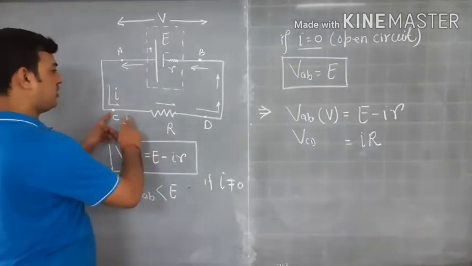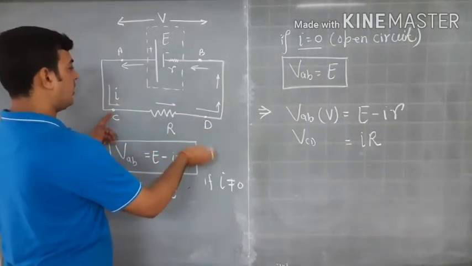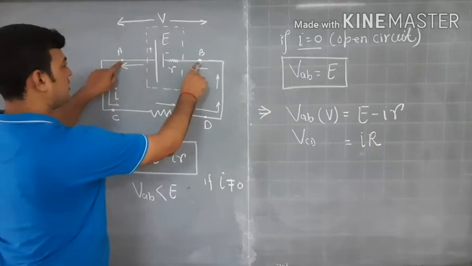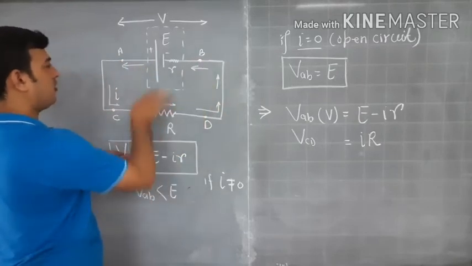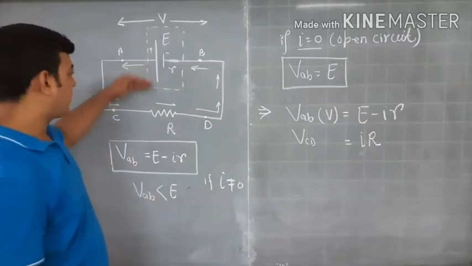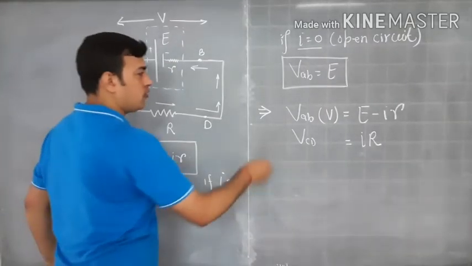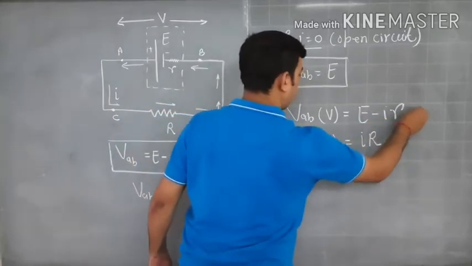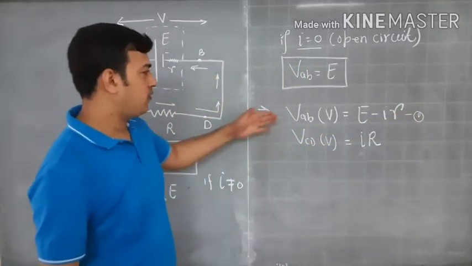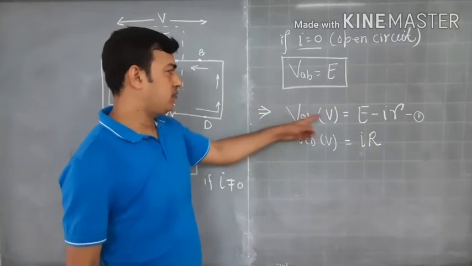So this is the potential drop across this resistance, and it is very clear that these 2 points AB and CD are in parallel combination. In a parallel combination, the potential differences are the same, so I can write it also as V. And what I am going to do is divide equation number 1 by V.